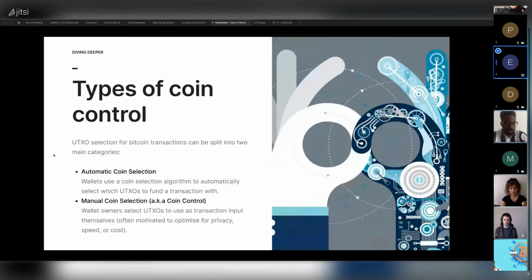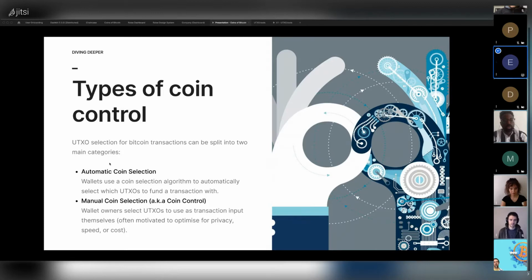This was what I really went into in that original page for the design guide, talking about different types of coin control and how this is actually implemented in wallets. So the majority of the time, wallets opt for some sort of automatic coin selection, because I think coin control is usually referred to more for manual coin selection.